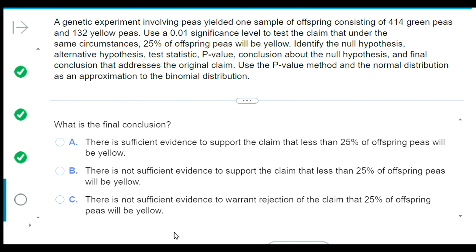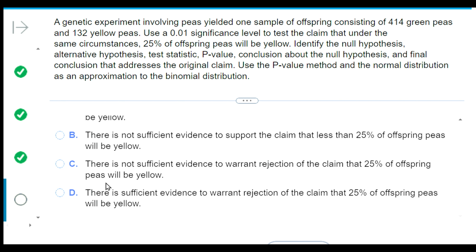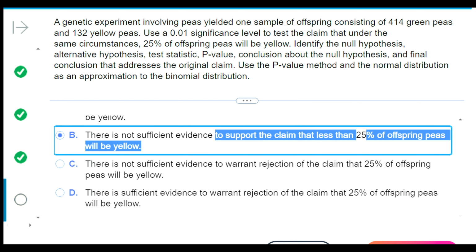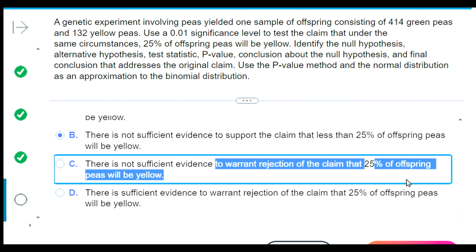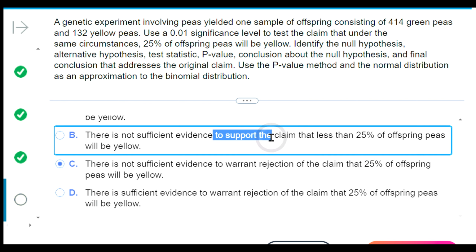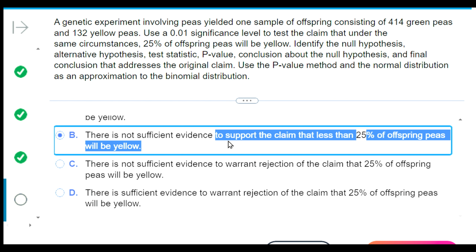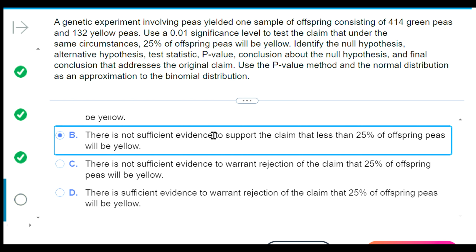Whenever we fail to reject, without exception, if you fail to reject, you do not have sufficient evidence, right? So it's either B or C, but you have to read carefully.